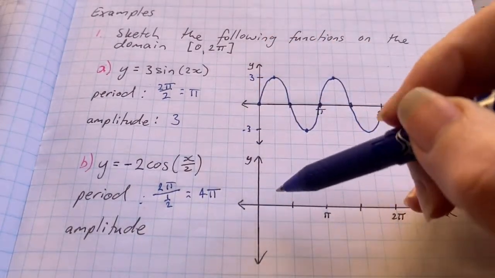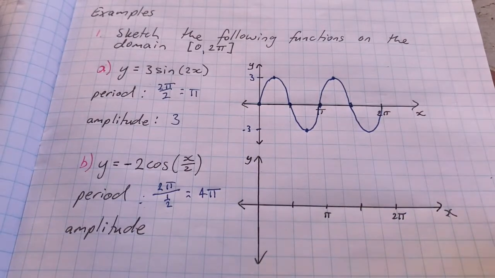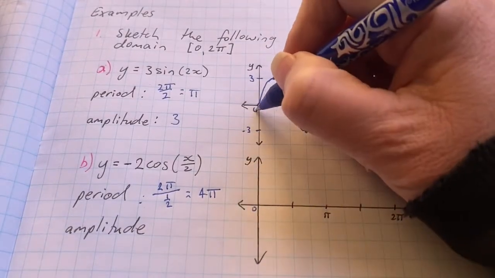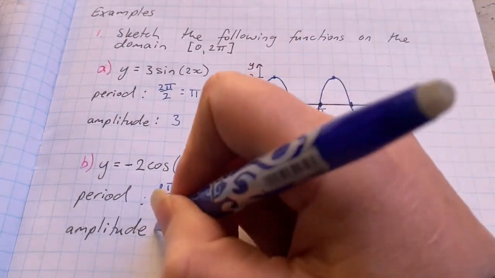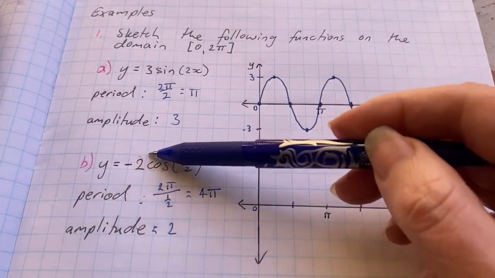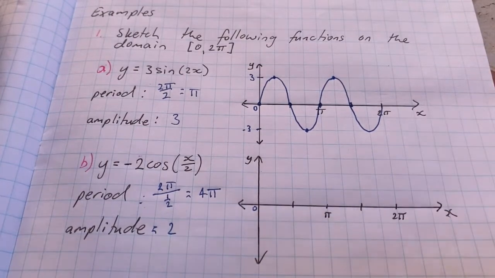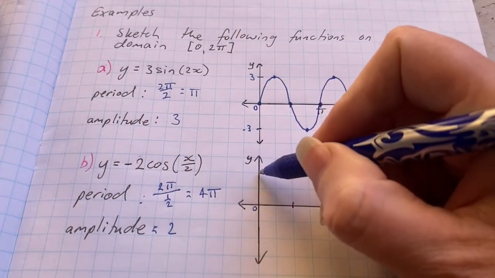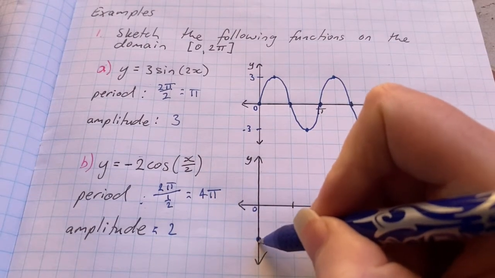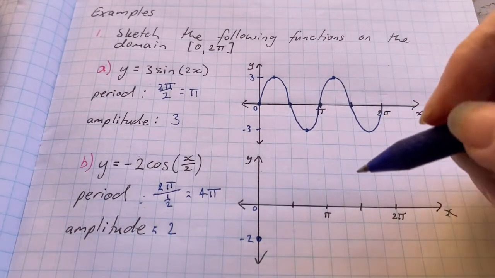So we're only actually going to fit half of it into this from 0 to 2 pi here. The amplitude is 2. Even though we've got negative 2 there, the amplitude is 2 because that's the distance from the center to the peaks. So instead of starting up here, we're going to start down here because of the negative, and we'll call that negative 2 because the amplitude is 2.